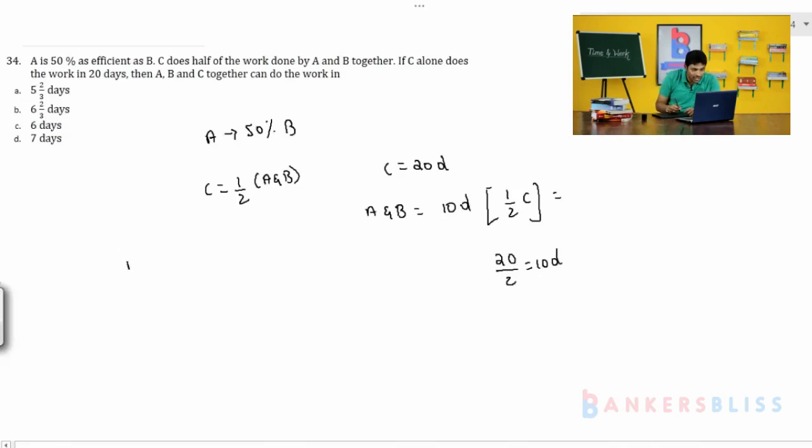Next, see here, A and B is 10 days, C is equal to 20 days. Now, A, B and C together can do the work in how many days?